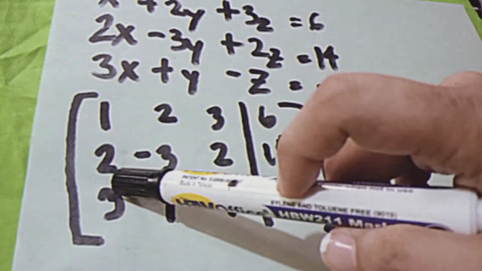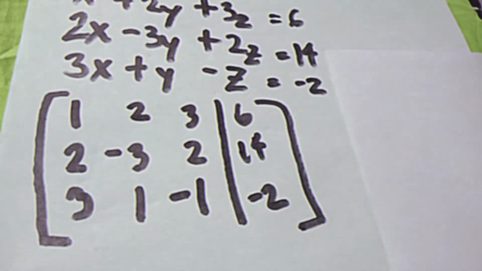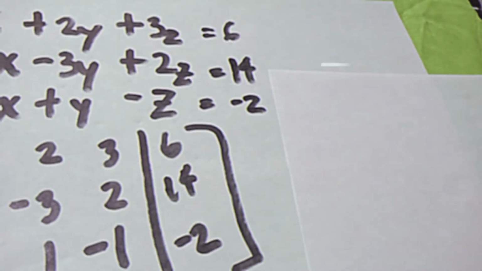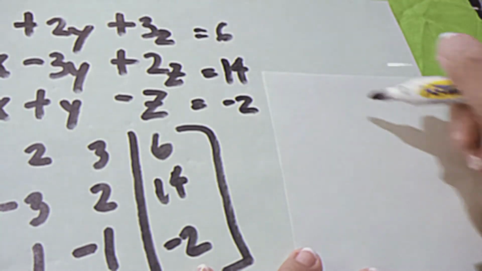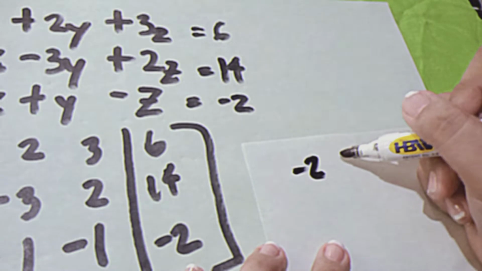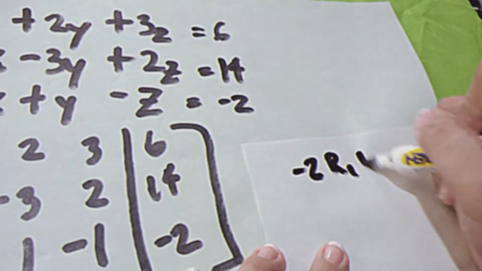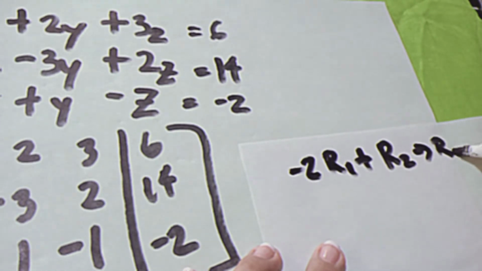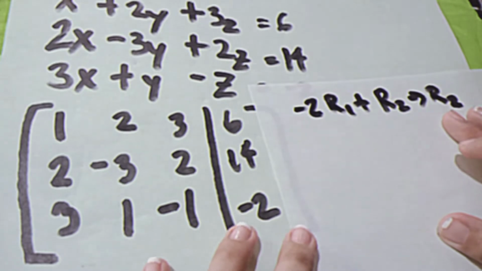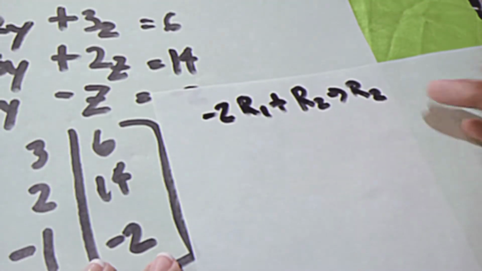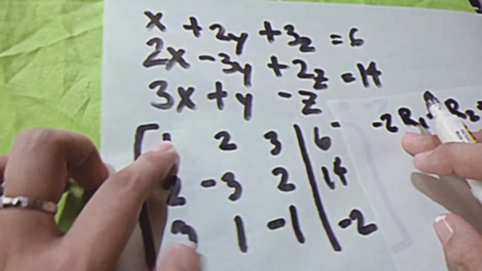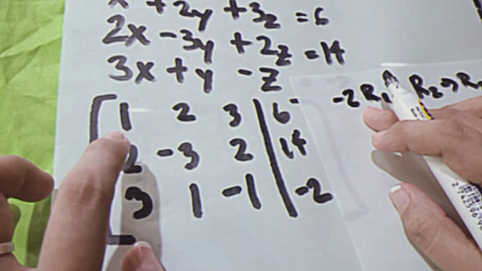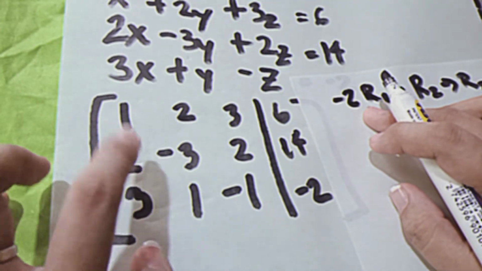So the first thing we need to do is negative 2 row 1 plus row 2 to become the new row 2. First, we copy the one in front, since that is what we multiply to make this 0.